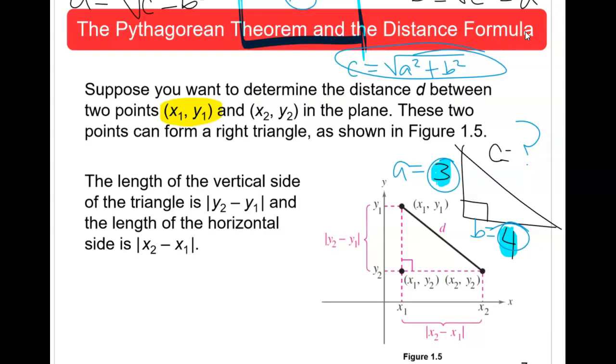So our first point is x sub 1, y sub 1, and as you can see here, the point is here. We have a second point, which is x sub 2, y sub 2, and that point is located here.